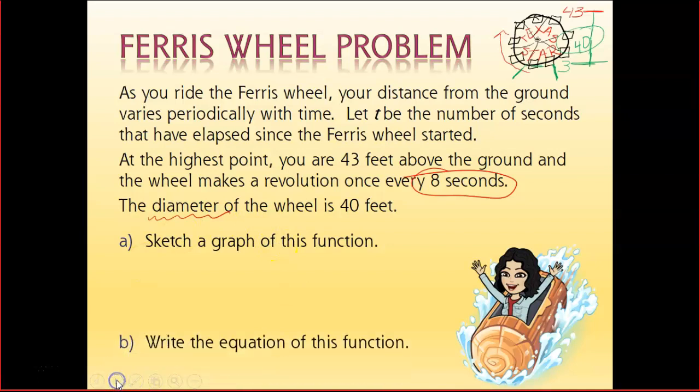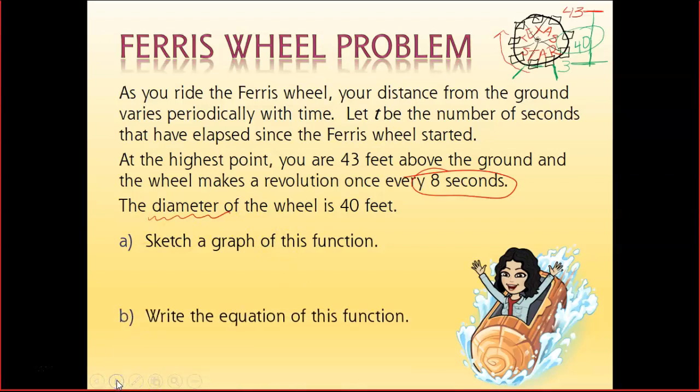So we sketched a graph. Now let's write an equation. You pick. Do you want a sine or a cosine? Cosine. All right, Joseph said cosine. So that means we're going to write a cosine equation.